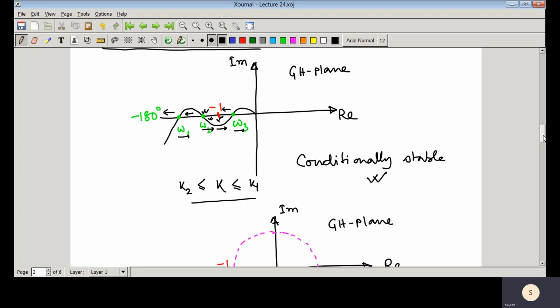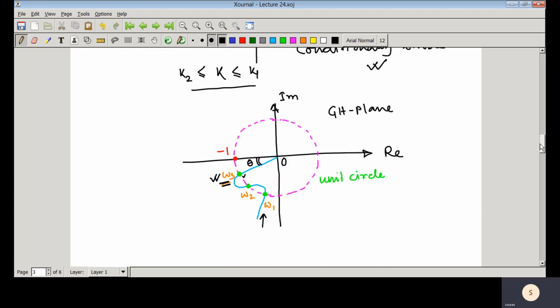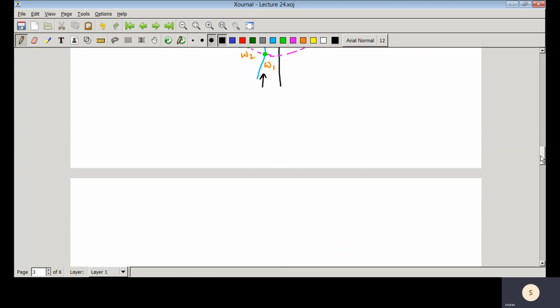And whenever you have multiple gain crossover frequencies, we need to consider the frequency which cuts the unit circle closest to the critical point. At that frequency we consider the phase margin, and it gives us the relative stability information. Now we are going to discuss one more concept, which is called the delay margin.